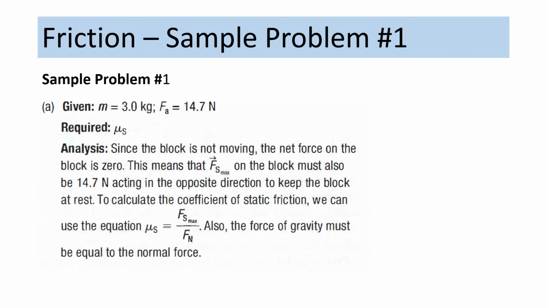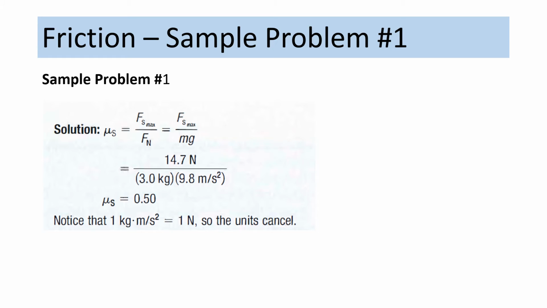To calculate the coefficient of static friction, we can use the equation μS equals Fs max divided by Fn. Also, the force of gravity must be equal to the normal force. So, solution: μS equals Fs max over Fn equals Fs max over mg, an alternate way of calculating Fn.